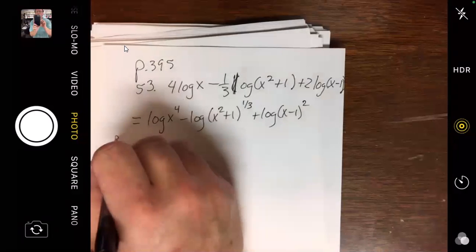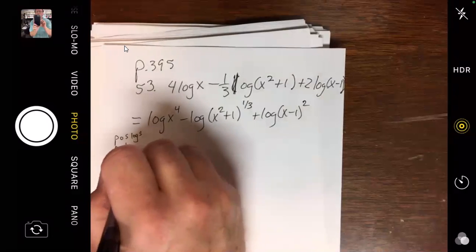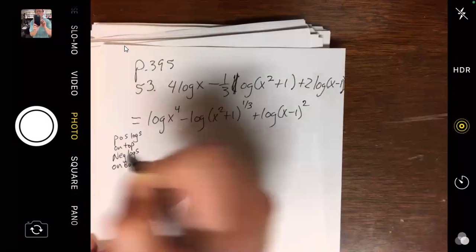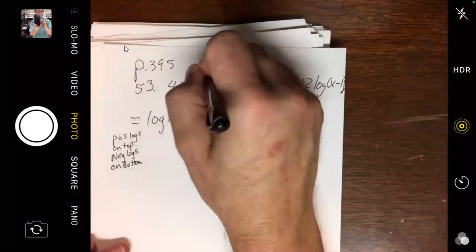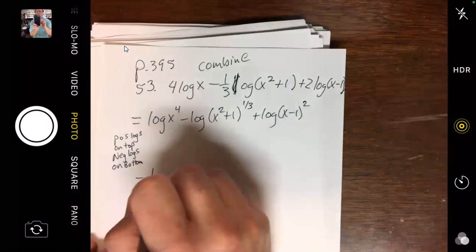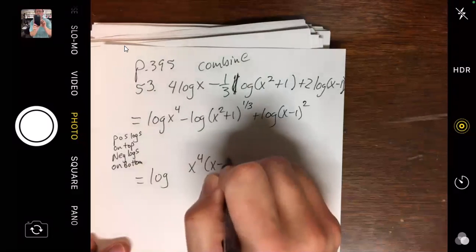Again, positive logs on top, negative logs on bottom. Fractions here to combine. You have your x to the fourth and an x minus 1 quantity squared.